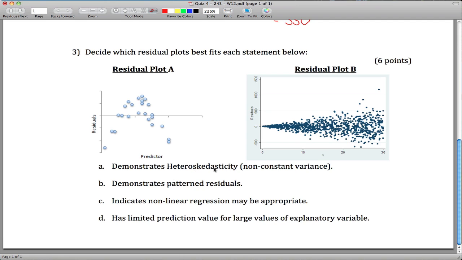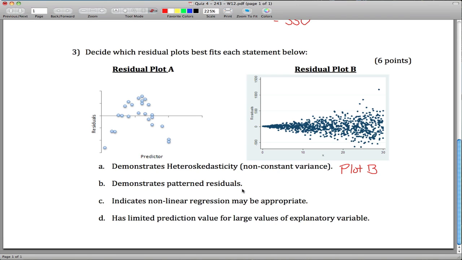Heteroscedasticity is when your x value gets bigger, the variance in your residuals gets bigger. The residuals are more spread out, so you get this kind of shape going on here. Heteroscedasticity by definition is what we got here in residual plot B. So for the first statement, we'll say it's plot B.